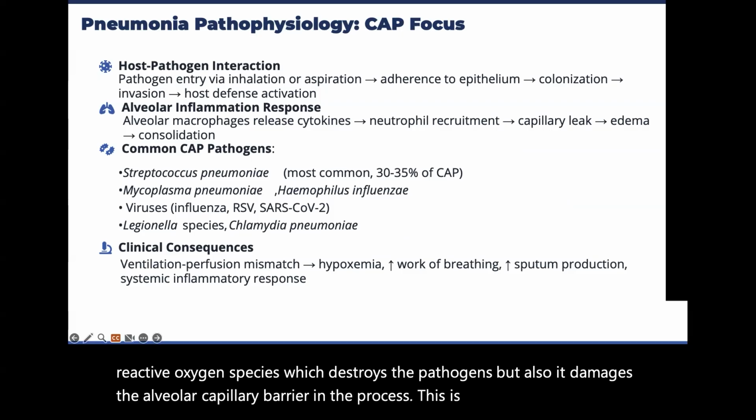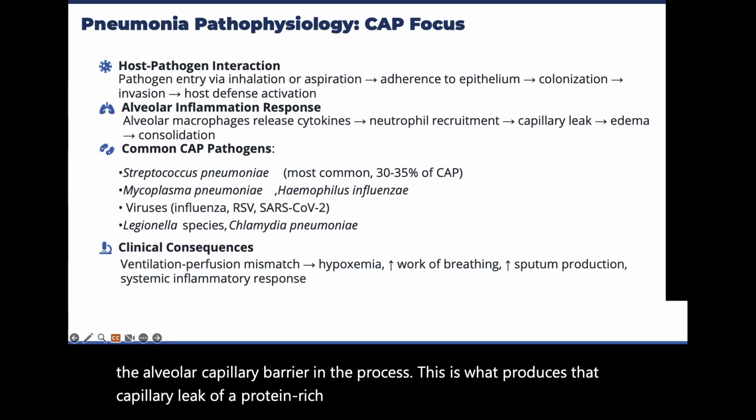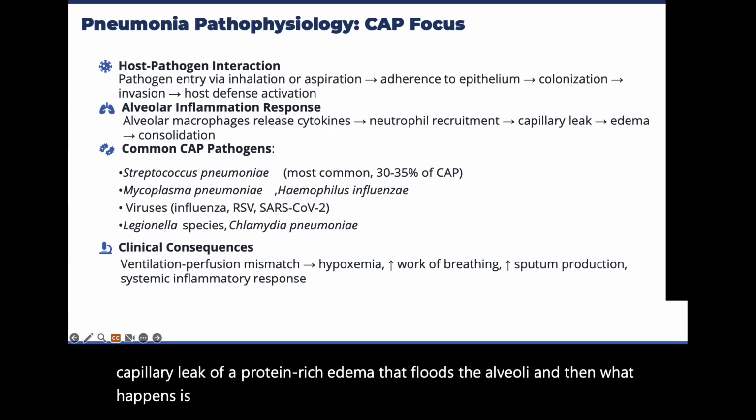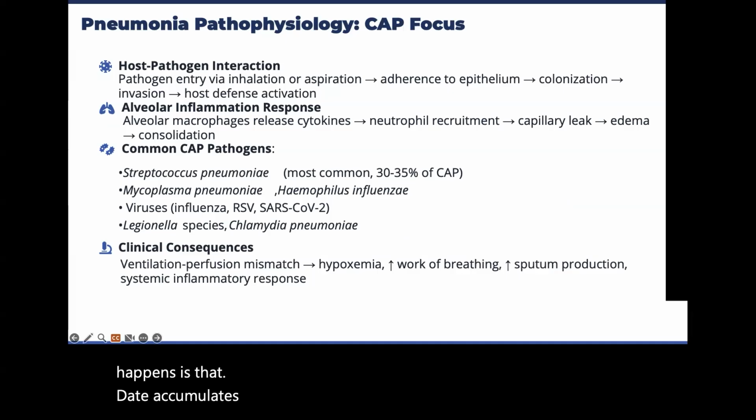This is what produces that capillary leak of a protein-rich edema that floods the alveoli. And then that exudate accumulates, and the once air-filled sac becomes dense, leading to consolidation.